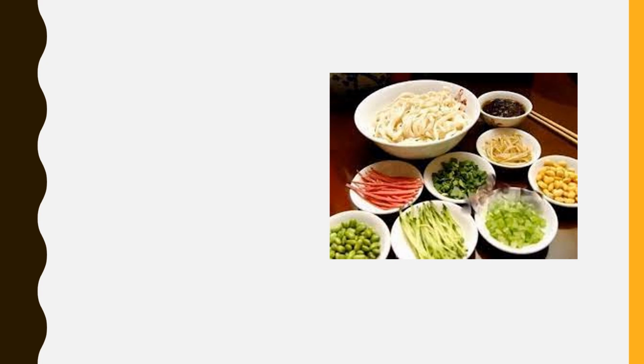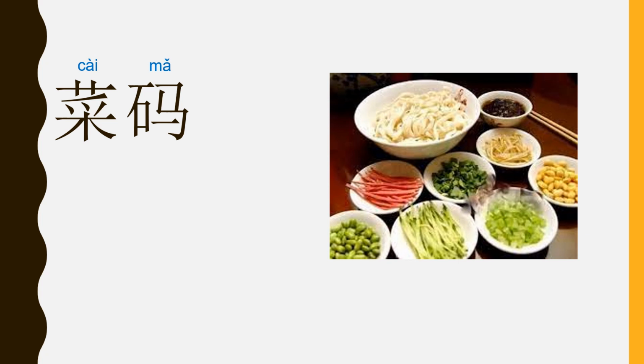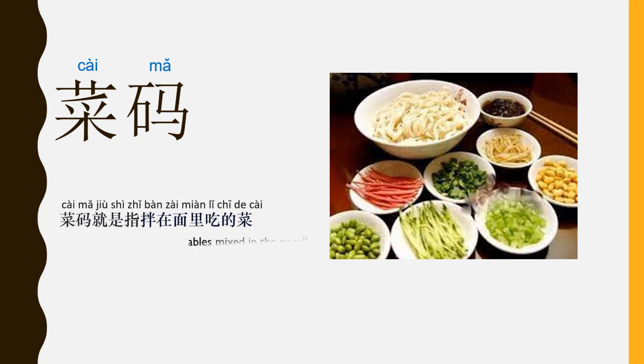So all these 7 side dishes, we call it 菜码. 菜码. 菜码就是指拌在面里吃的菜. So they are the vegetables that you are supposed to mix in the noodles. 菜码.